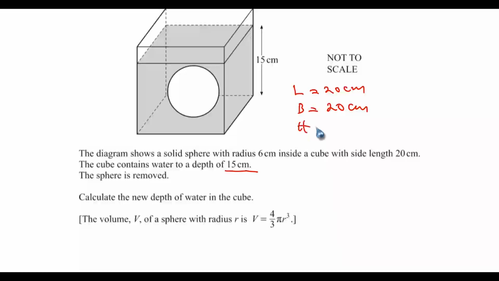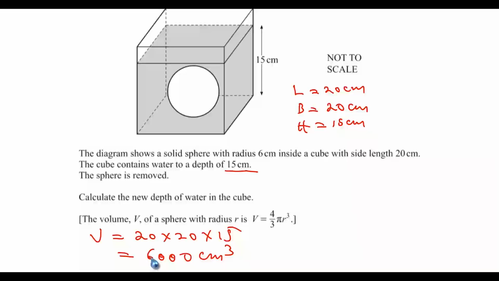And the height is 15 centimeters now because it is not full. So the volume of water when the depth is 15 centimeters is equal to 20 times 20 times 15. If you do this, this will give us 6,000 centimeter cube.